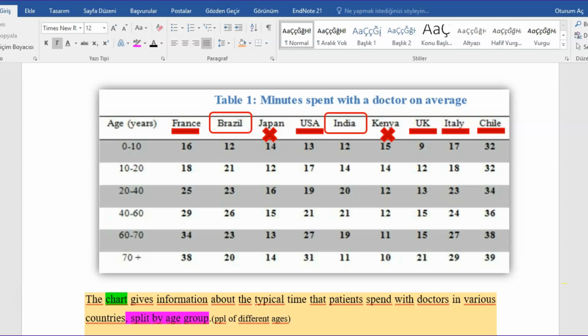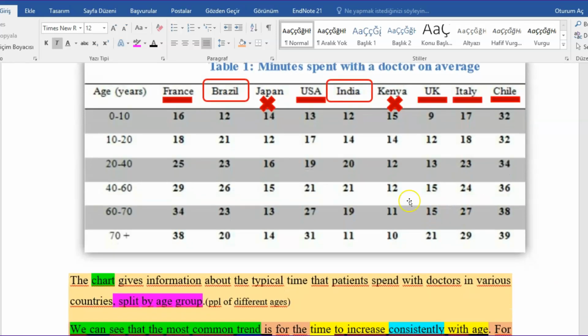Let's zoom in and focus on the numbers. In France, we see an increasing pattern. In the USA, again, we saw an increasing pattern.